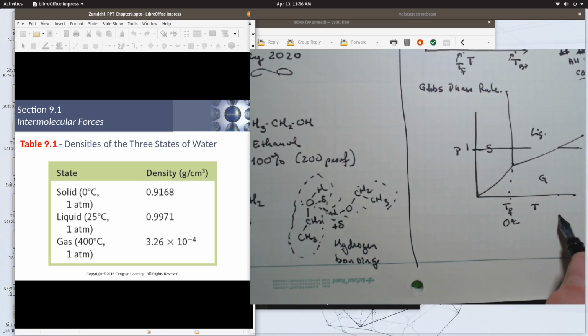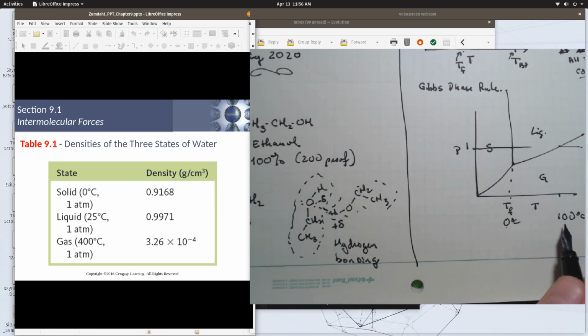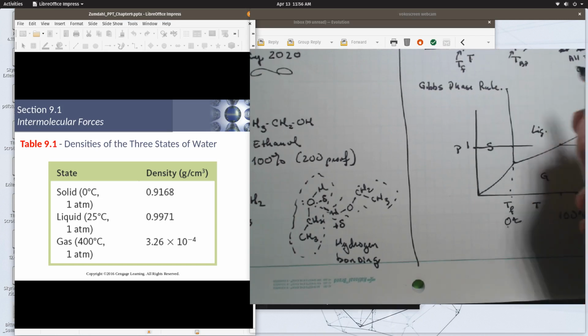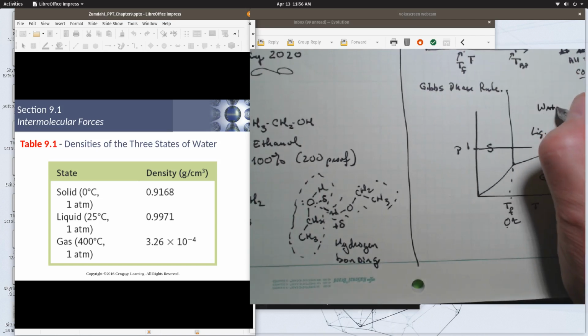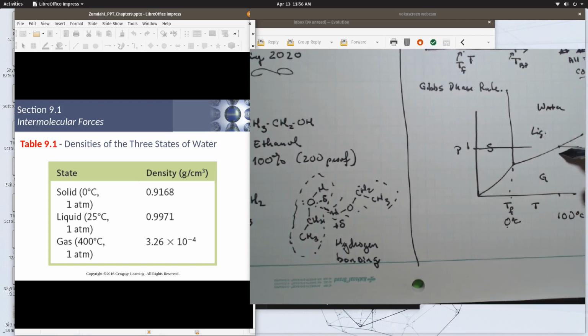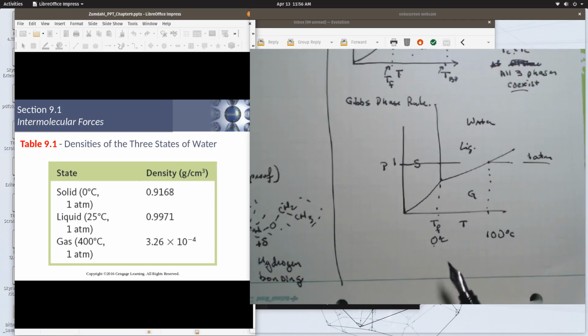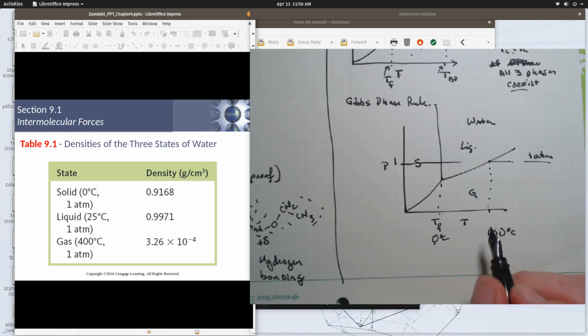This is 100 degrees Celsius. These are the normal freezing and normal boiling points of water. Remember, this is at 1 atmosphere of pressure. Normal freezing point, normal boiling point.